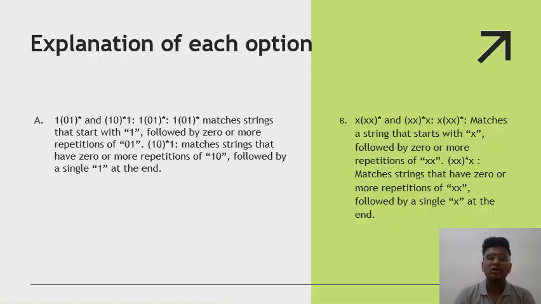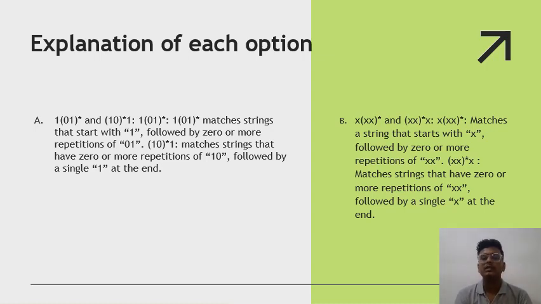In the first option, the first expression matches strings that start with 1 followed by 0 or more repetitions of 0 1, and 10* 1 matches strings that have 0 or more repetitions of 10 followed by the string 1 at the end.